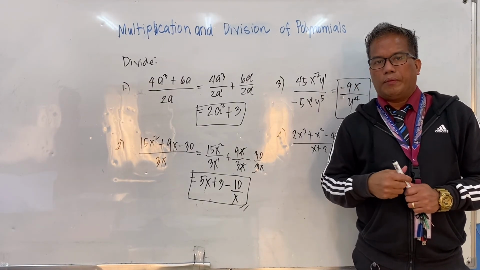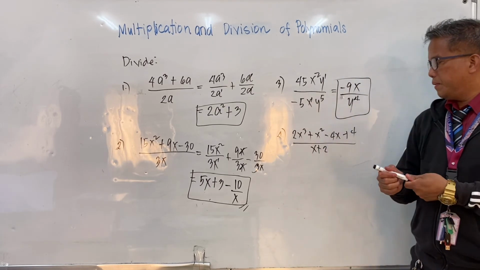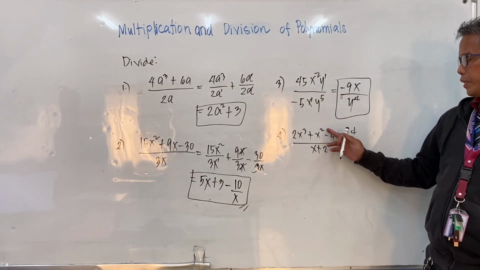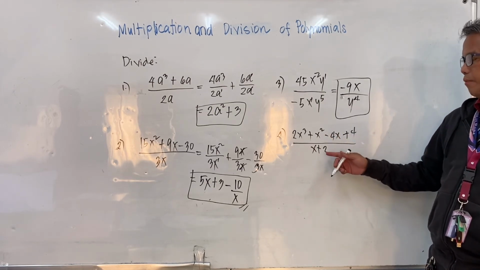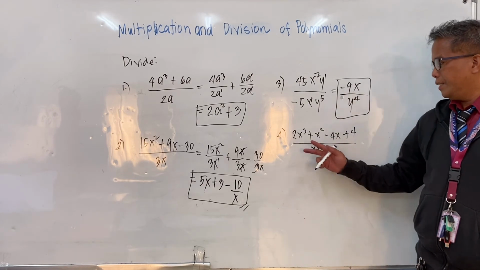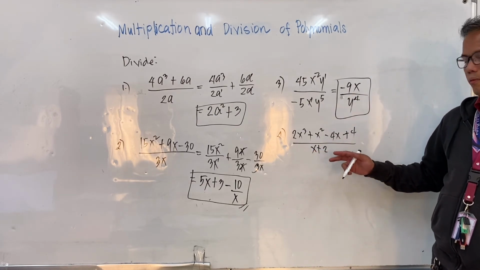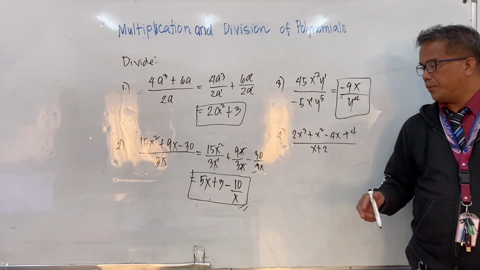How if we have number 4 question in dividing polynomials? 2x cubed plus x squared minus 4x plus 4 divided by x plus 2. So how will you divide these polynomials? We can use the long division method I'm going to introduce to you.